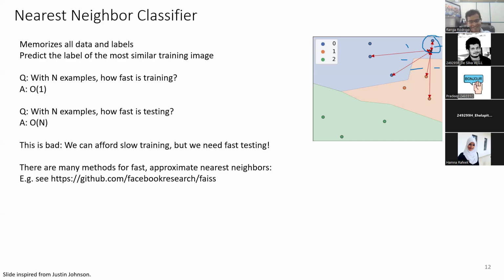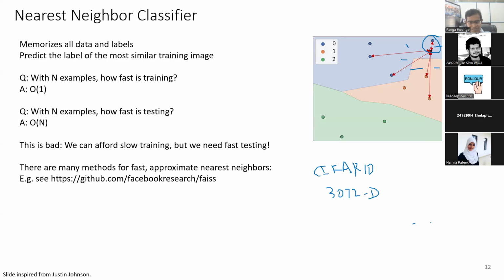Very simple. So now, one thing that we need to understand is this one is in two-dimensional space. But if you take, for example, CIFAR-10, we said that an image is 3072 dimensional.